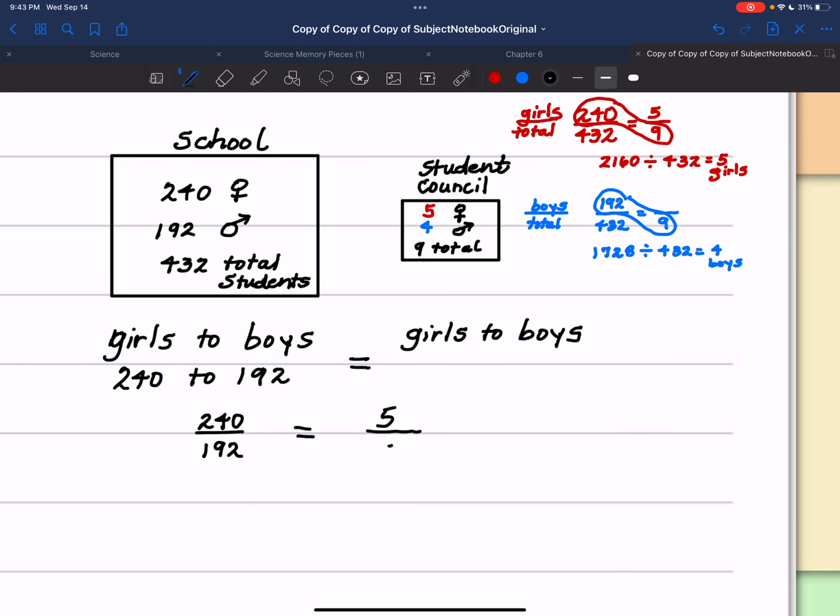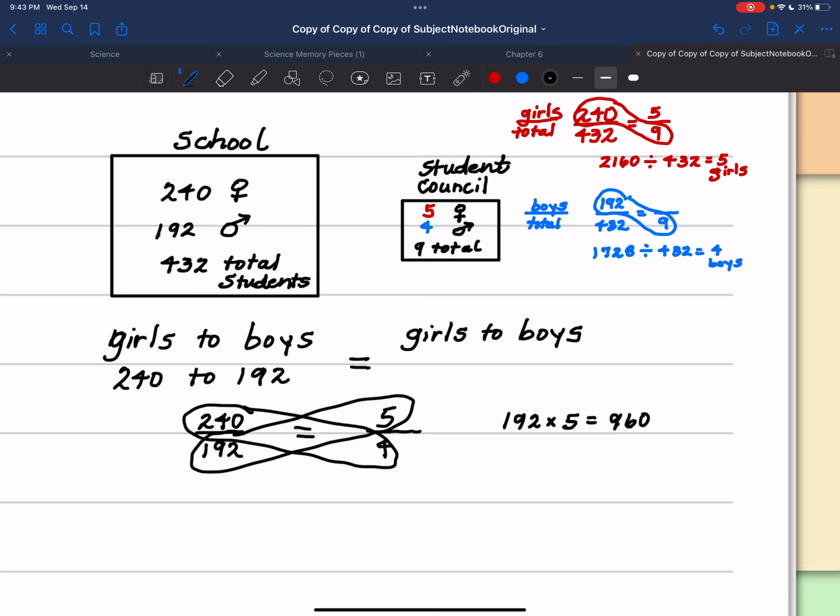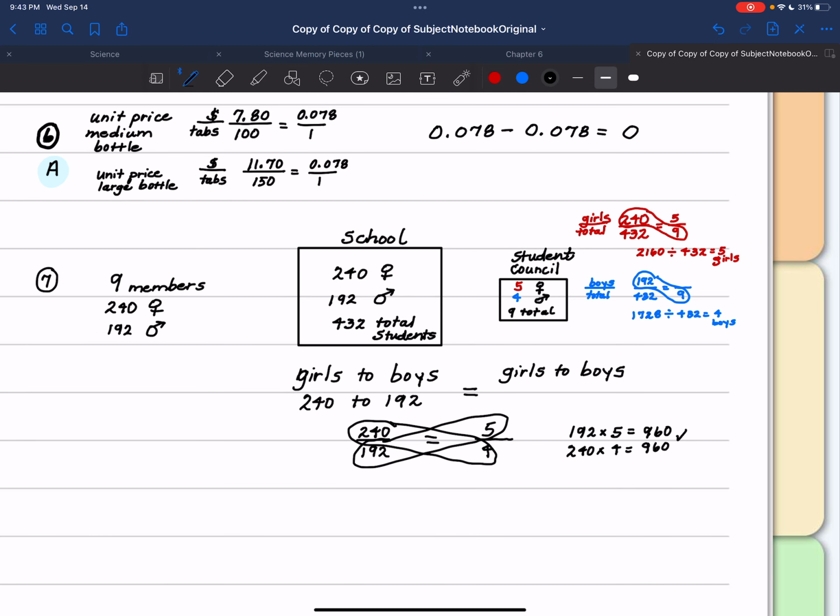So 192 times 5 is 960. 240 times 4 is, guess what? 960. So all this is telling me is that I did the math right. It's not saying there are 960 students. It's just telling me that this is the correct setup for this problem.